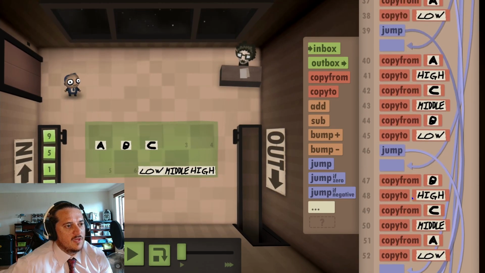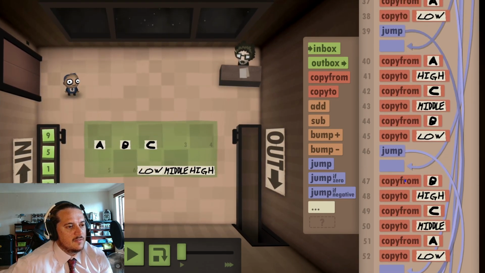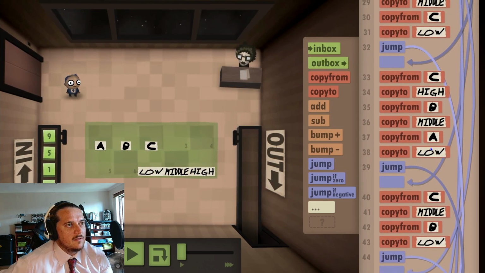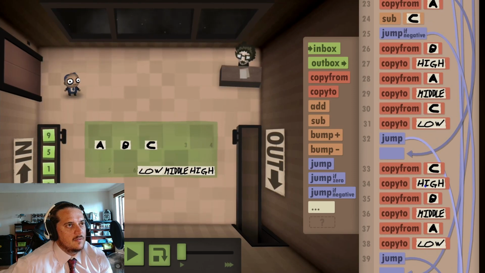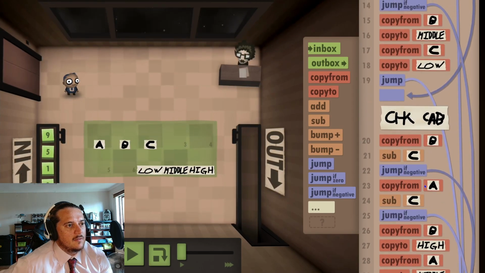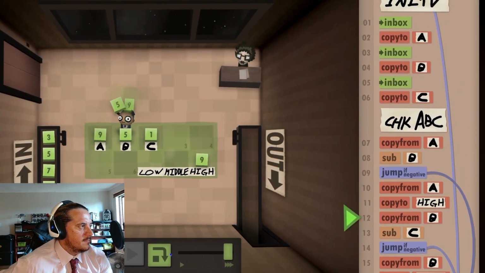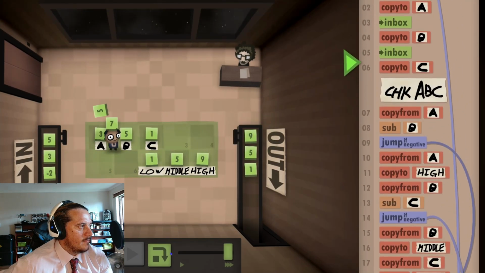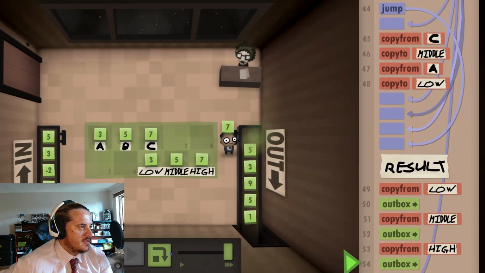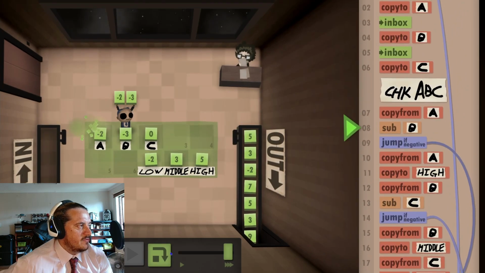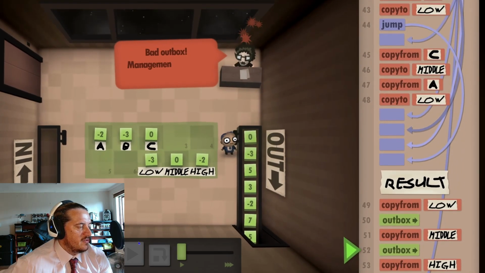Messing my whole thing up here, man. Just want to check if I still keep things going. That works. First number starts as a negative. That's where it messes up.